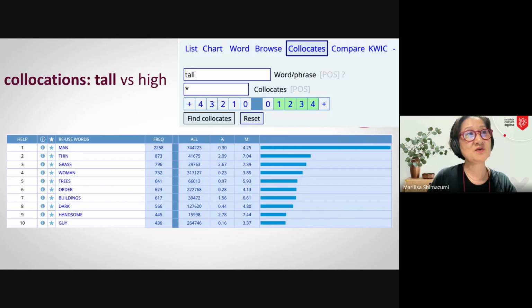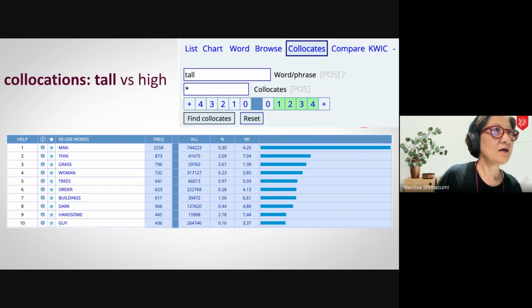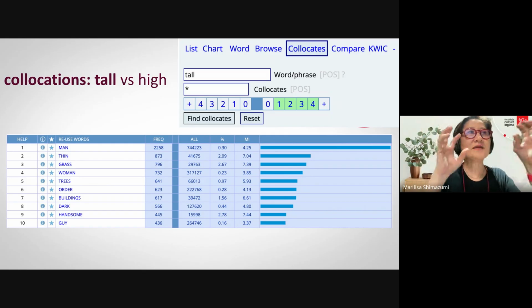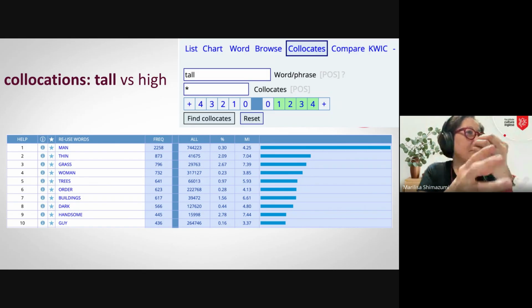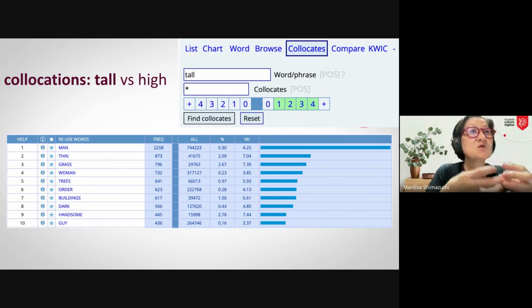So most probably you have four words premodifying guy. If you have a look at nouns: man, grass, woman, tree, buildings, guy. Start making your possible conclusions. Working with corpus demands quite a lot of investigative attitude.